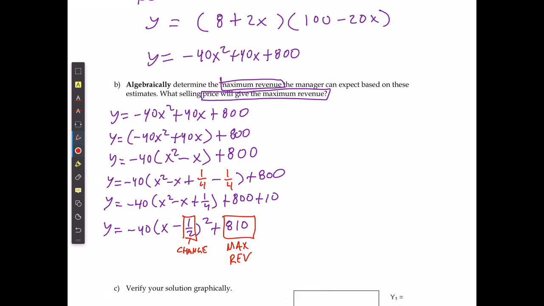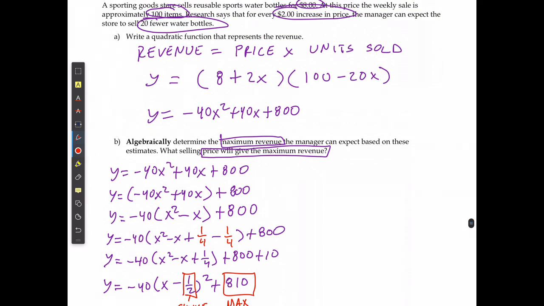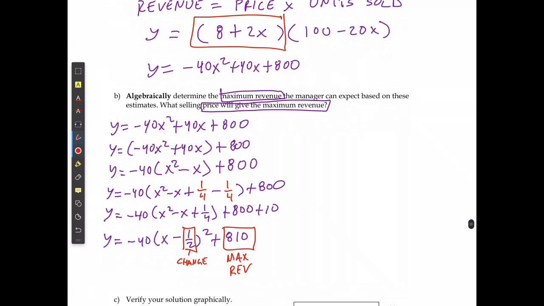Well, I haven't actually solved for what the price is. The price isn't 1/2. When I take a look at my equation, it said y is equal to the price times the units sold. If the price was calculated by 8 plus 2 x's, then I can solve for what the price is going to be by saying it's going to be 8 plus 2 times, well, x we found was 1/2 at the most sold. Or 8 plus 1, which is going to be 9.